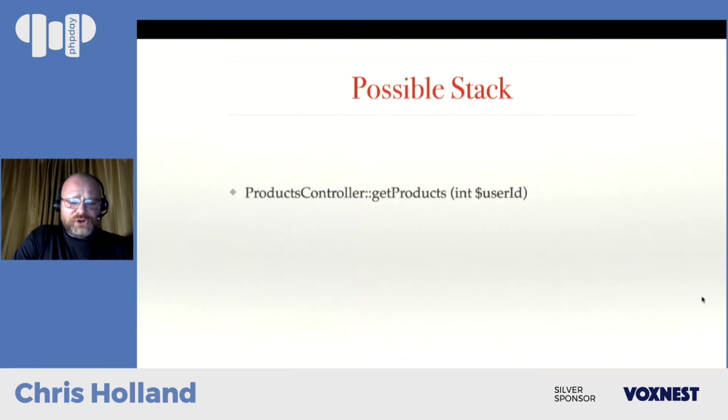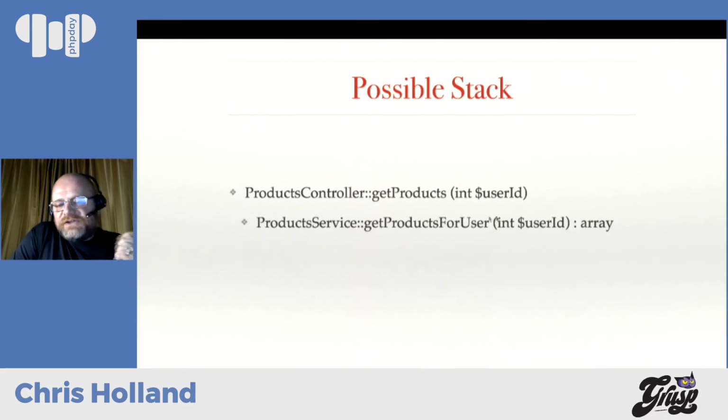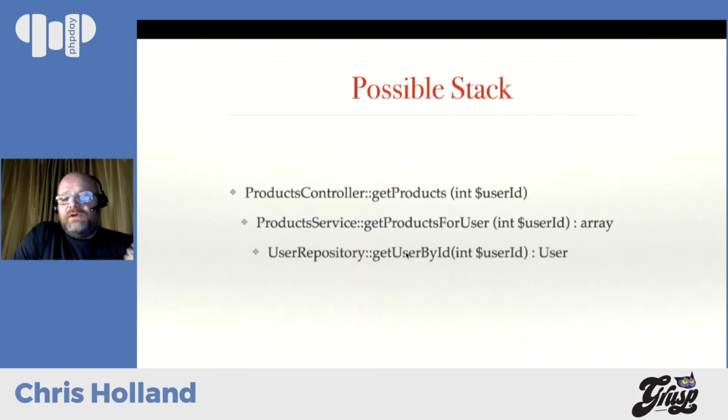You could have your products controller with a get products method to which you pass an integer user ID. Below the controller, you could have a product service with a method that says get products for user, to which you pass a user ID. The first thing this service is going to do is call a user repository to get a user by ID based on the user ID that was passed, and that's going to return a user object.